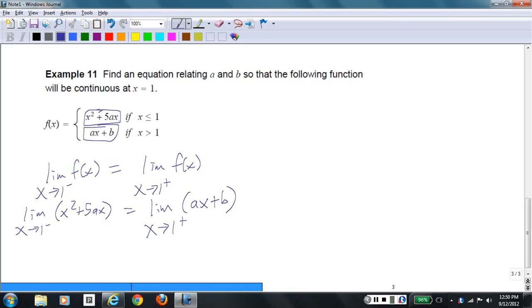We can take the 1 and substitute it for x, and in each case it'll give us an expression in the yet to be determined constants, a and b. So it's going to be 1 squared plus 5a times 1 for that limit, and it's going to be a times 1 plus b for that limit.